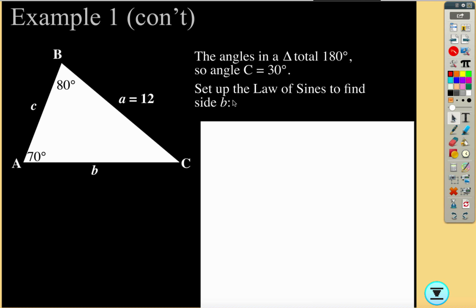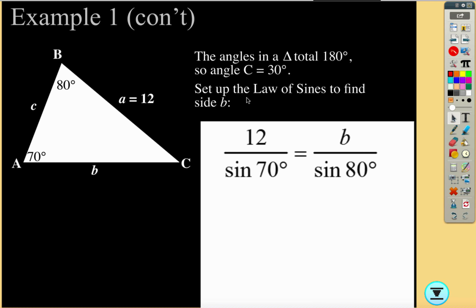So we can set up the law of sines to find side b. I would use my anchor, little a divided by the sine of A is equal to little b divided by the sine of B. You could cross multiply to solve. We can multiply the sine of 80 degrees over to the other side.